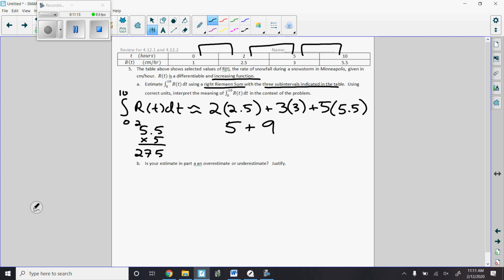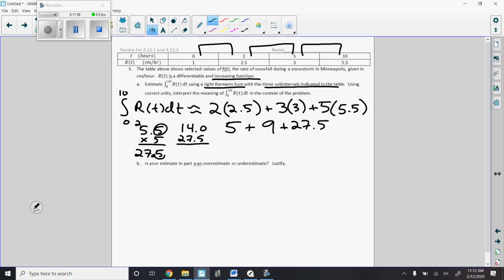Okay, and since I have a decimal in my long multiplication, I have 1 decimal place here. So I need to move my decimal point 1 time here. So I get 27.5. Okay. Now adding those up, I'm going to add the 9 and the 5, plus 27.5.